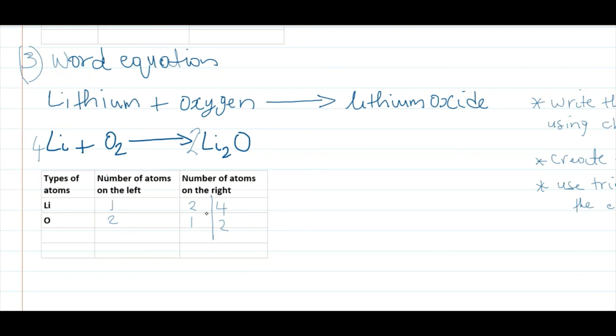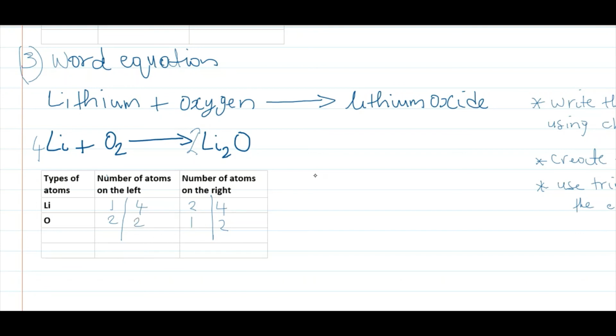That will equal the lithium on the product side, and we don't have to do anything to the oxygen because there are already 2 on the product side and we already have 2. So we have 4 from the transformed equation and 2 didn't change.